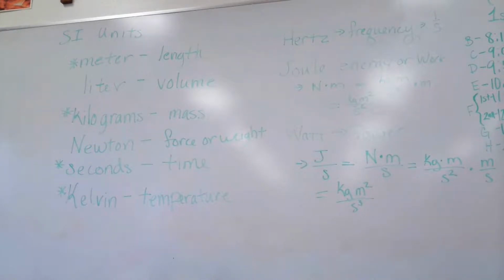So maybe you're supposed to walk 2 meters, or maybe it's 2 kilograms. Maybe you're supposed to pick up 2 kilogram weights and do something. You wouldn't know if it's 2 joules of energy, right? You wouldn't know what that number is unless you have your units, okay? I can tell you right now, 2 joules of energy and 2 meters are 2 very, very different things. Cool? Any questions? No? All right.